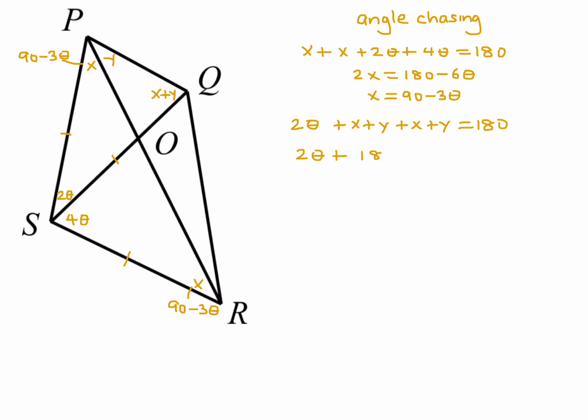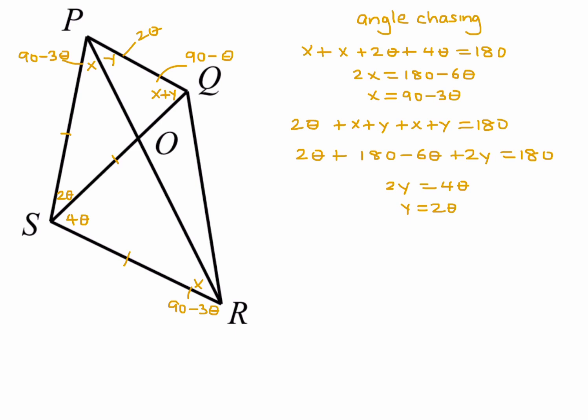So that would be 180 minus 6 theta plus 2y is equal to 180. So that means 2y is equal to 4 theta, and therefore y is 2 theta. Okay, that's a pretty good result. So that's 2 theta right there. And I guess x plus y would be 90 minus theta. So there we go.